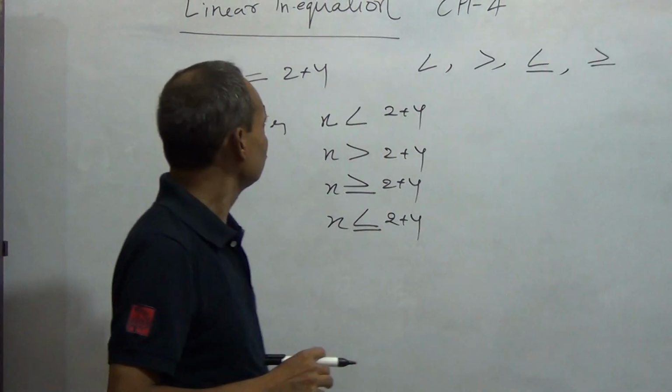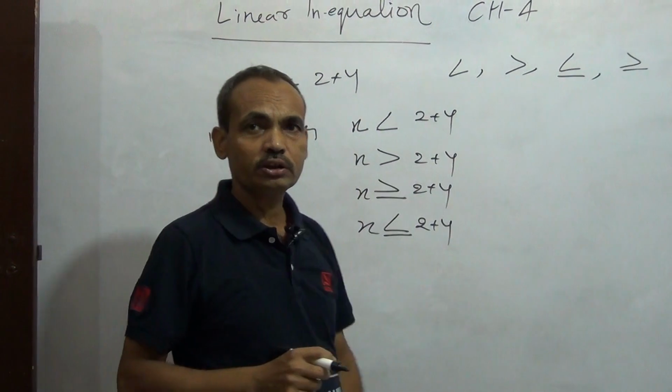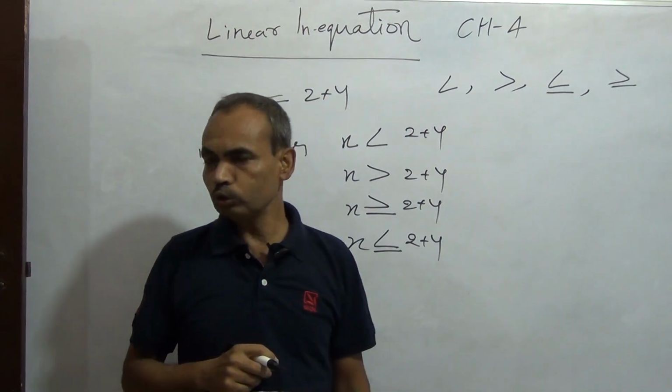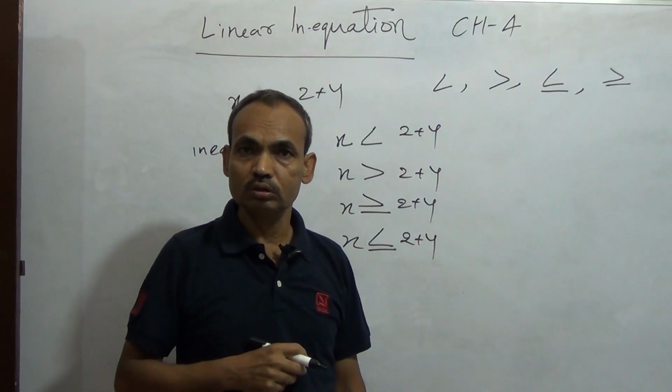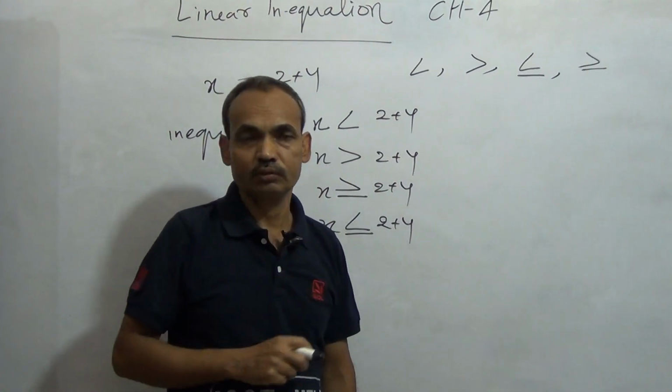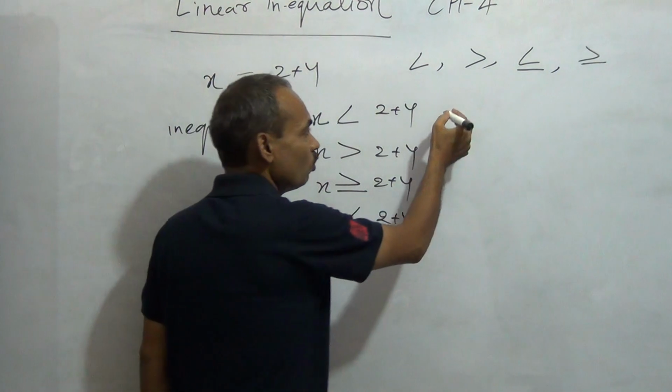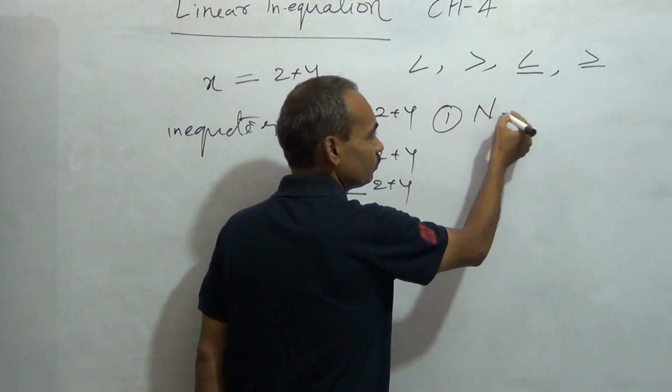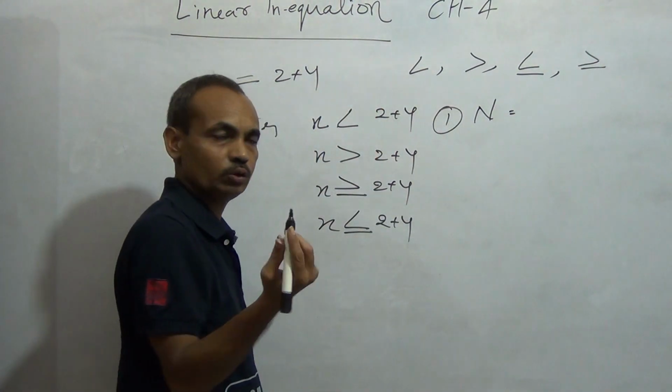First of all, before starting linear inequation, you should know some very common points. You should know what a natural number is: 1, 2, 3, 4.